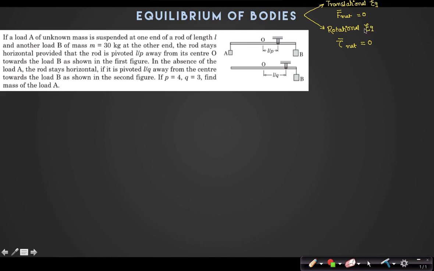The net force is zero, which means we can take torque about any point in space. Torque about any point is the same, and about any point it is zero. Understood? Now can we solve this question? A simple one. You can do it.